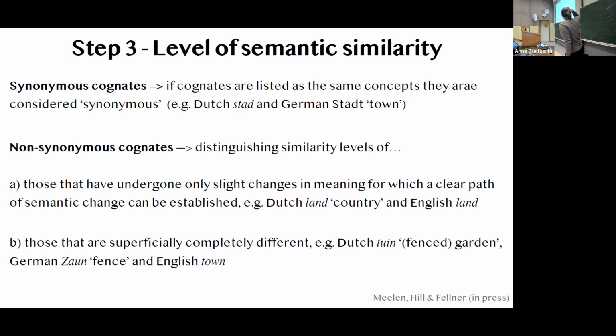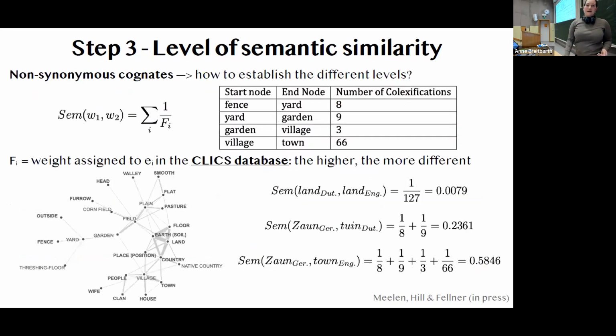So Dutch tuin, for instance, actually means a garden now, but originally a fenced garden, where you get German Zaun, which is a fence, and then English town. So these are all cognates, but obviously the meanings, if you just find garden and town and fence, that's not exactly the same meaning.